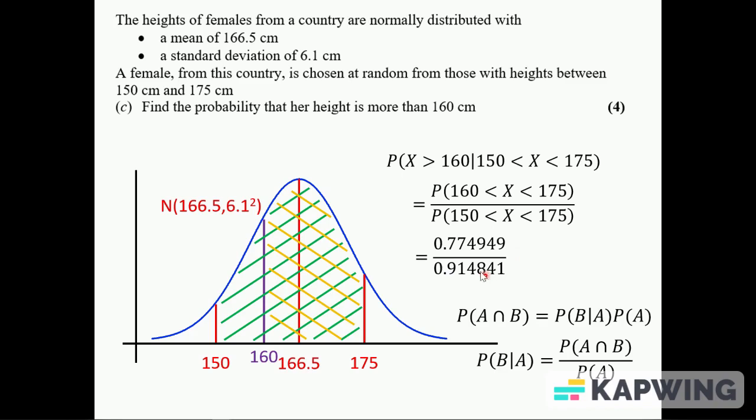We've already worked out the bottom line, and the top line is about 0.7749. Use a bit more accurate value than the 0.915 that we were using in the working. You get about 0.847.